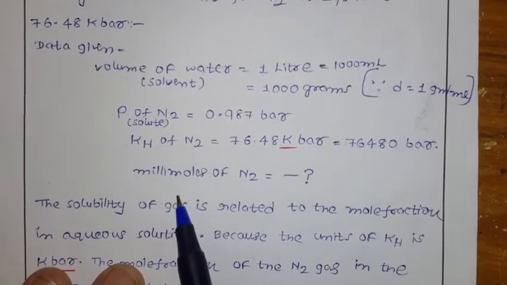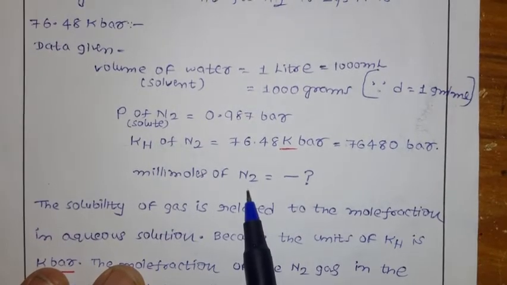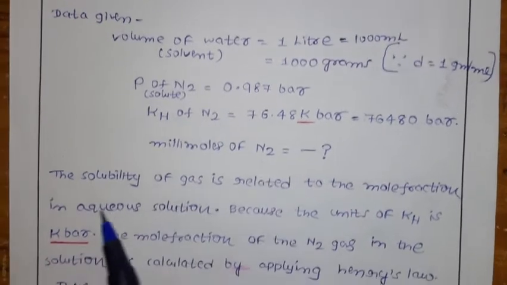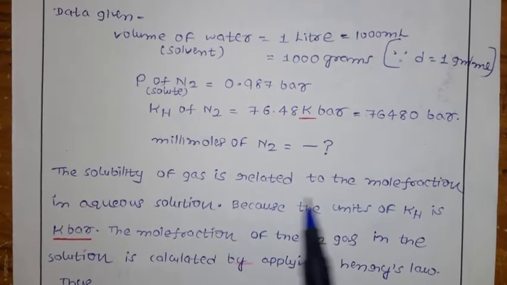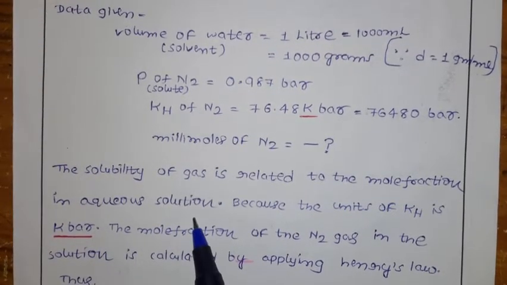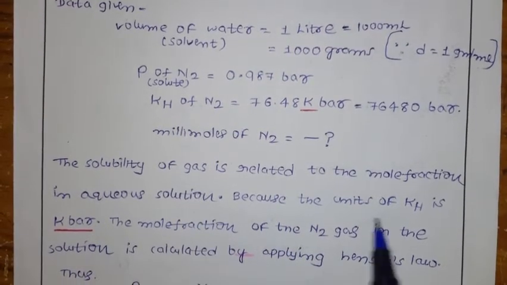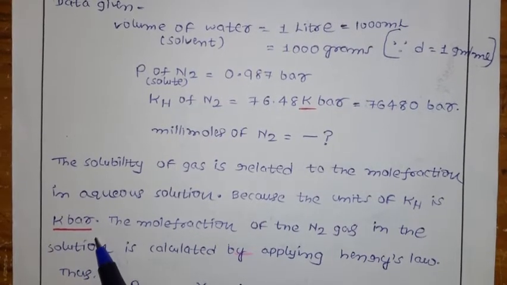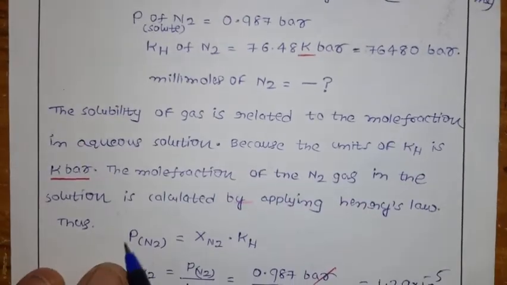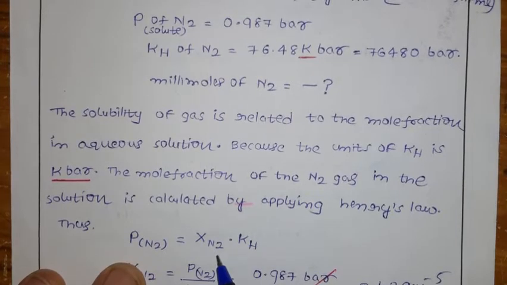Now what are they asking? Millimoles of nitrogen. Here, the solubility of gas is related to the mole fraction in aqueous solution, because the units of kH are kilobar and we have the partial pressure in relation with the mole fraction.